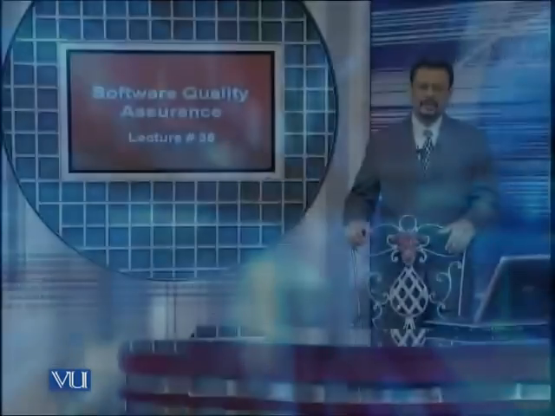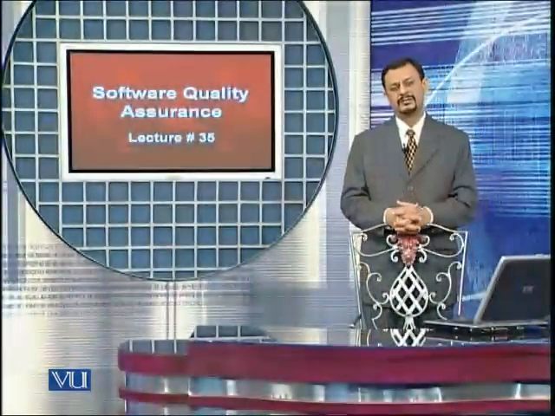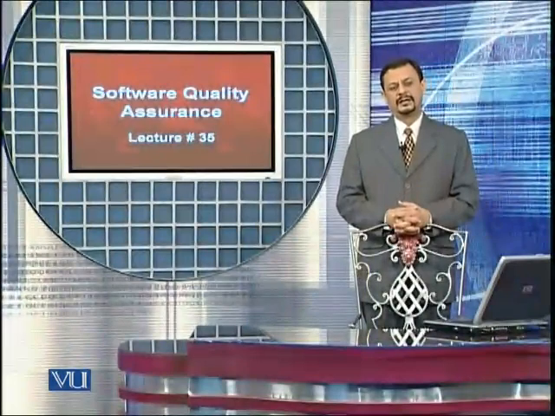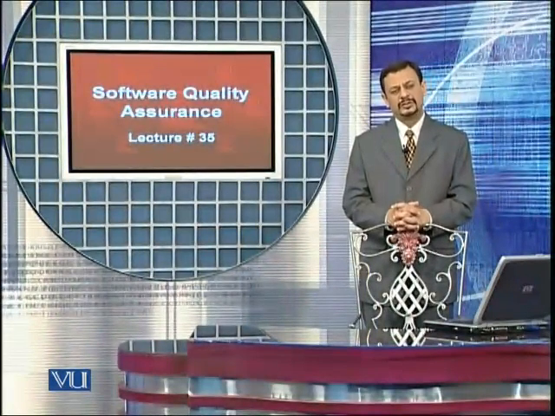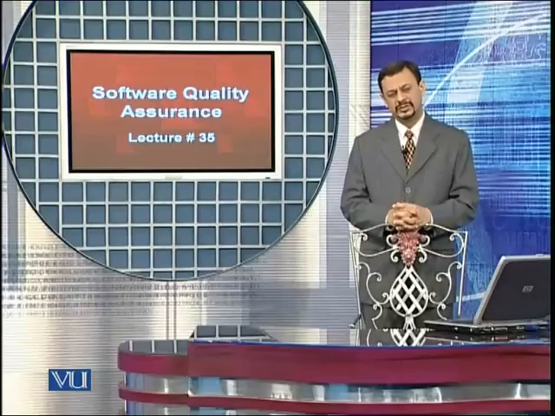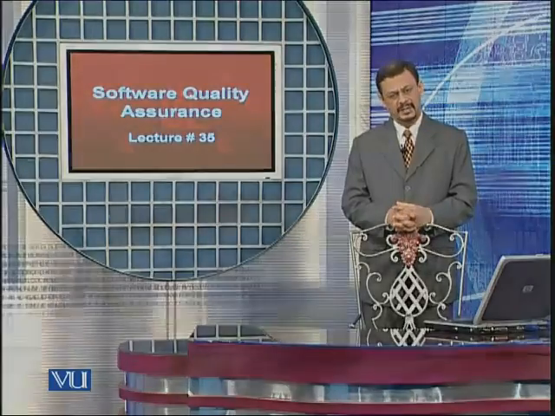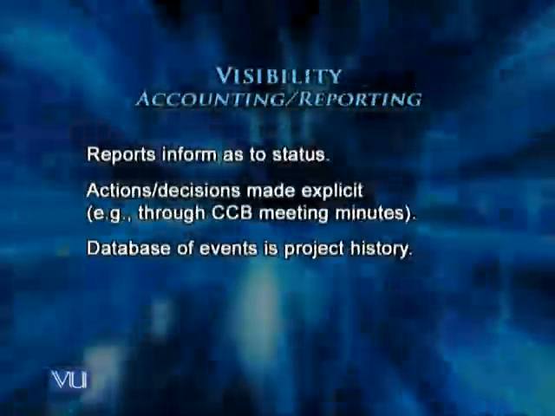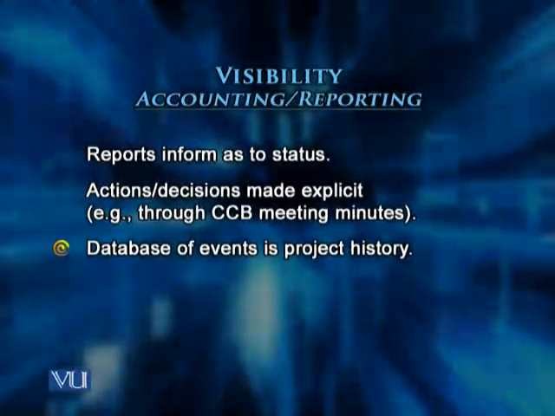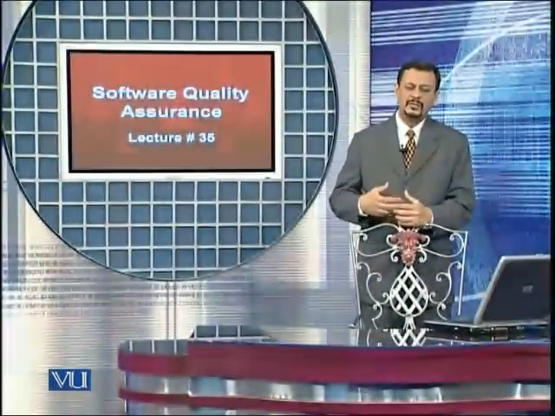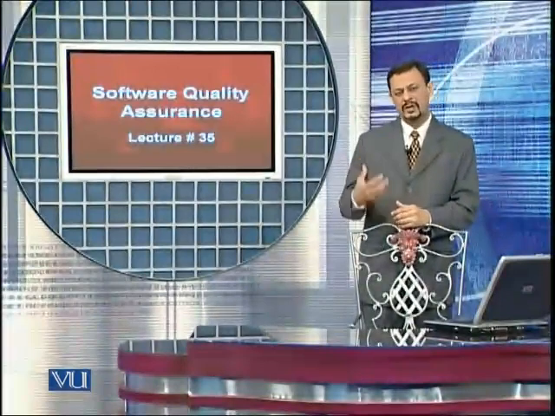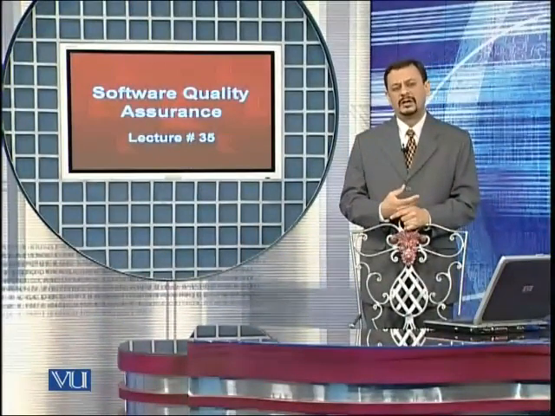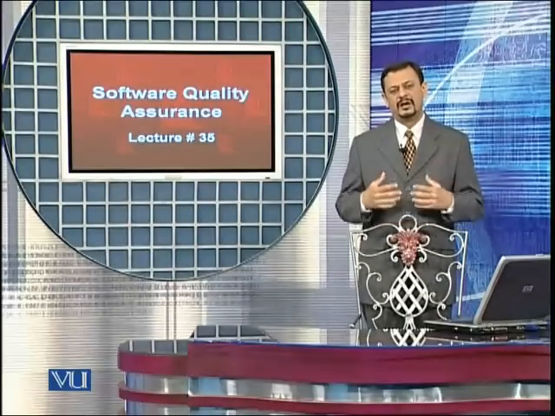For example, the project participants can get hold of the configuration control board's decisions by looking at their meeting minutes, and a database, preferably an online database, is maintained of events in the project library: when an item was added to the project, when the changes were made, who authorized the changes, who requested the changes, and whatever changes are made are documented.